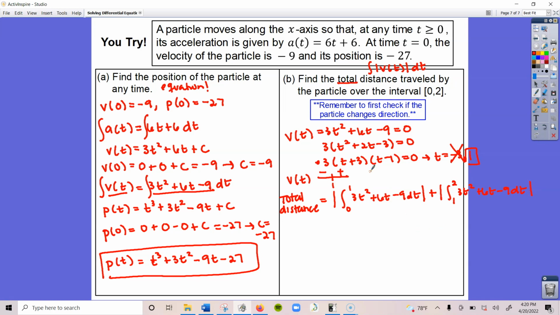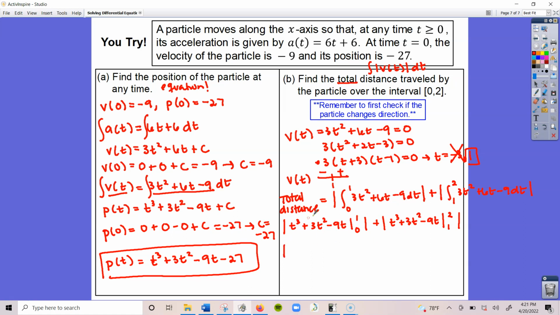Now we're going to integrate and then plug in those limits of integration. So this first part is the absolute value of 3t to the third over 3, which is t to the third, plus 6t squared over 2 is 3t squared, minus 9t. I'm going to evaluate that from 0 to 1, plus the absolute value of the same exact integral, t to the third plus 3t squared minus 9t, and this one will evaluate from 1 to 2, keeping in mind that these are the absolute values.